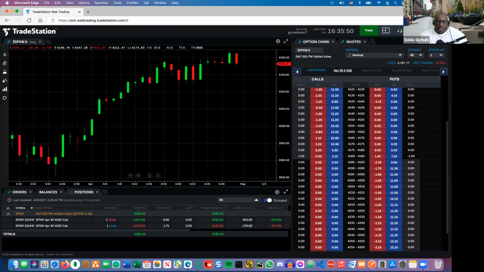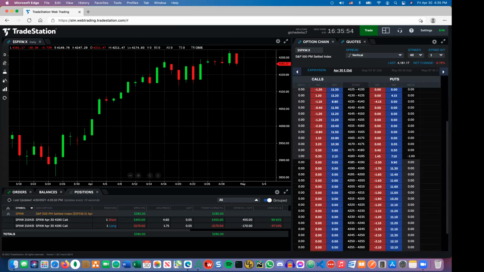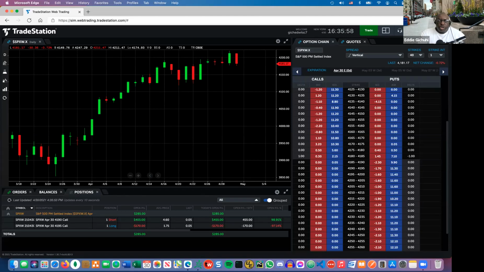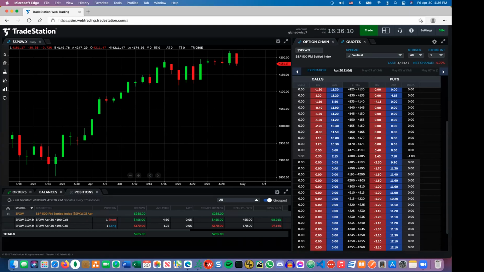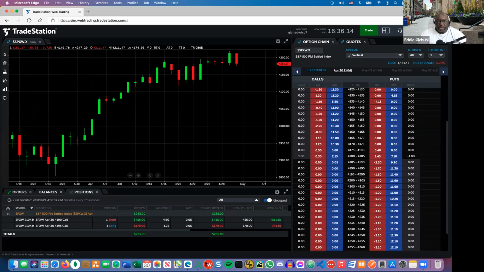Let me clarify that. If you can trade options, you most likely can trade verticals in some fashion. If you can trade options in your account, most likely you can trade some verticals, not all types of verticals.